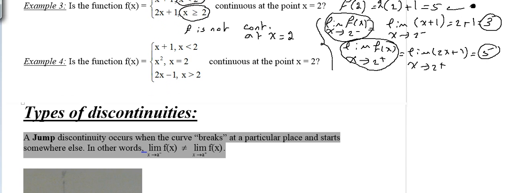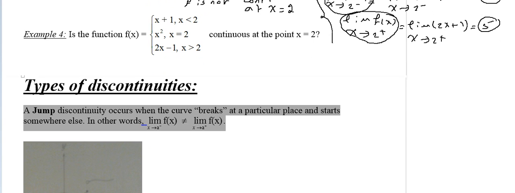Example 4: is this function f of x continuous at 2? Let's see. First, do we have f of 2? Yes, it's 2 squared, which is equal to 4. It exists. Second, what is the limit of f of x as x tends to 2 minus? It's when x is less than 2.